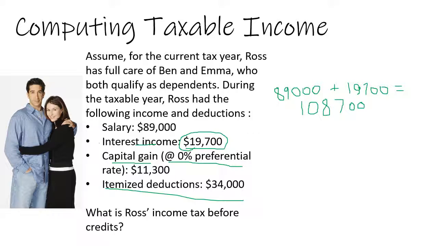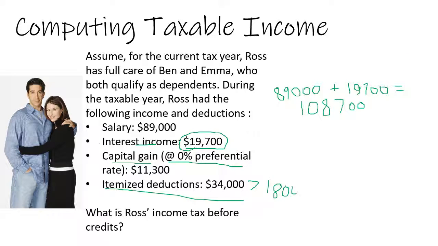Now, when can Ross take the itemized deduction? Ross can take the itemized deduction when it's greater than his standardized deduction. And if Ross has full care of Ben and Emma, he can qualify as head of household. The itemized deduction of $34,000 is greater than the standardized deduction of $18,000.